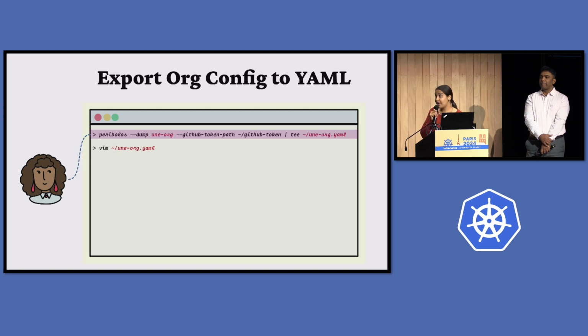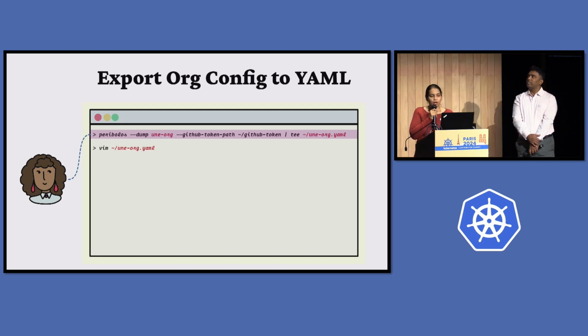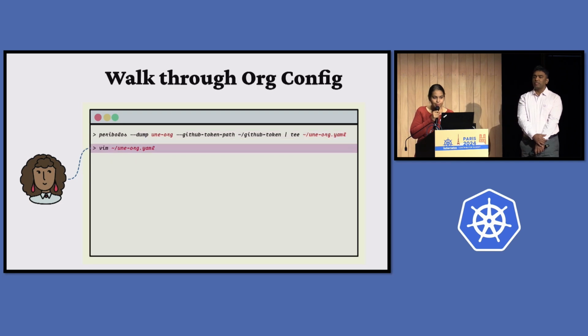Peribolos has a command for that, the dump flag, and you give it the name of the org, followed by the GitHub token that has access to that org. What that will do is extract or export the entire current configuration of the in.org GitHub organization. In this case, we are putting that into a file called in.org.yaml.